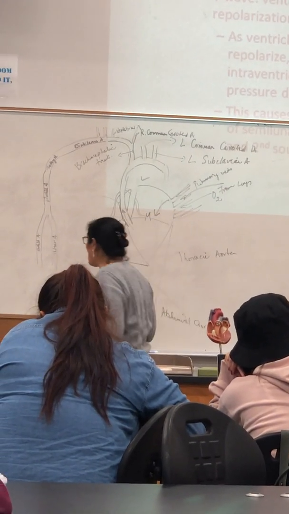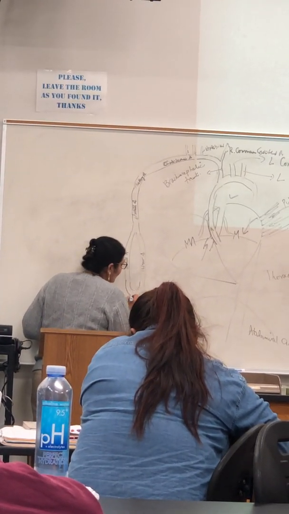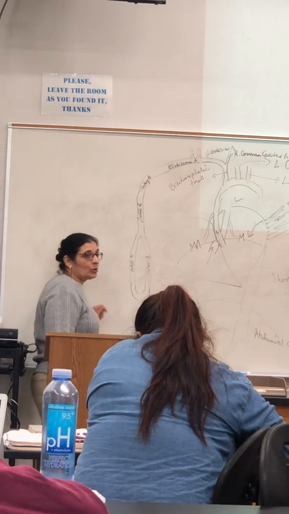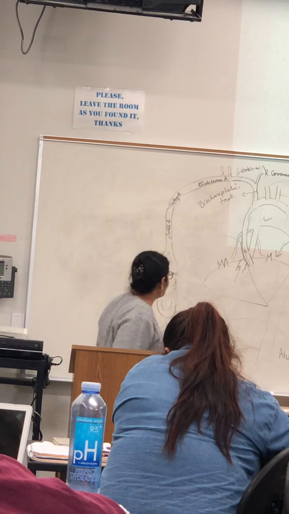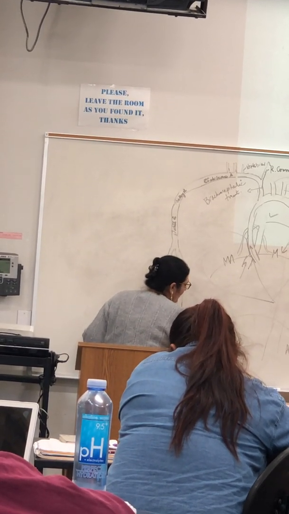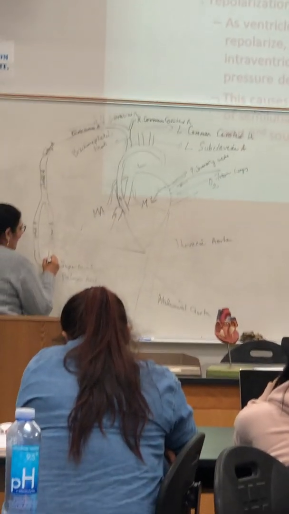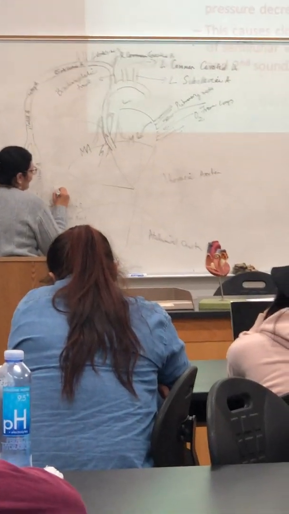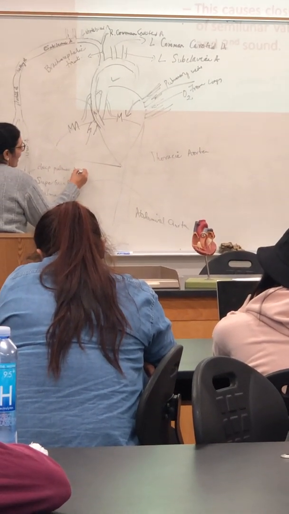Where they join is known as anastomose. So both these will anastomose and give rise to 2 arches. This arch is known as the superficial palmar arch, and this arch is known as the deep palmar arch.